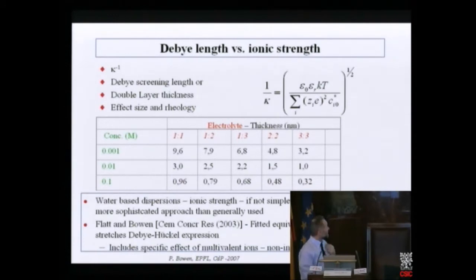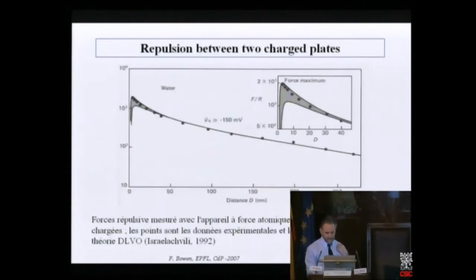But we've done this in Robert Flatt's thesis, and we managed to fit the data with a numerical Debye-Huckel expression, and in fact we can use a non-integer value. So if you have different types of species, 2+, 3+, and 1+, you can take a non-integer value to represent this in your calculation.